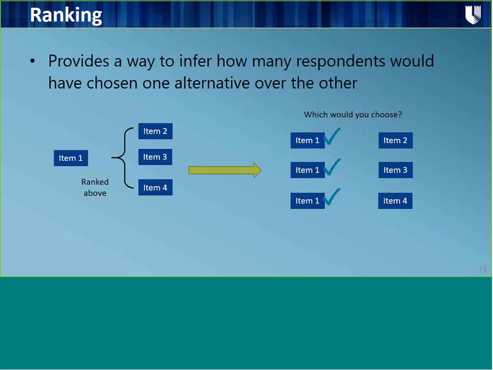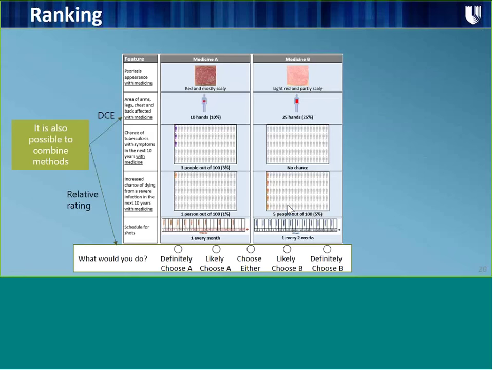In other words, we ask people to rank items over others, and if we record that someone, for example, ranked item 1, which may be a benefit or a risk, over other items, then we assume that if they were to make a choice between that item and item 2, 3, and 4, they would choose item 1 over those, okay? So even though the elicitation here is different, the information that you're getting is very similar to the choice-based example that I presented earlier with discrete choice experiments.